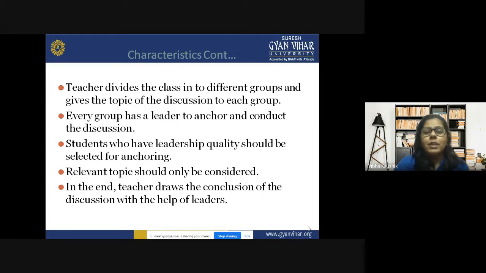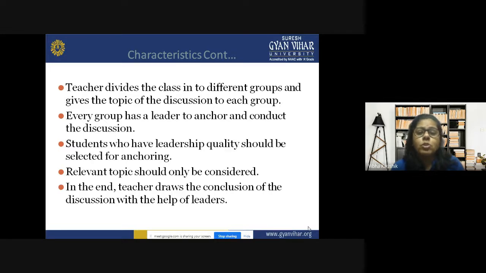Every group has a leader to anchor and conduct the discussion. Students who have leadership quality should be selected for anchoring, and that student should be selected by the teacher for being a leader, those who are having the leadership quality.